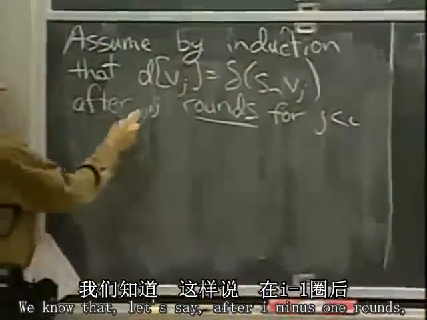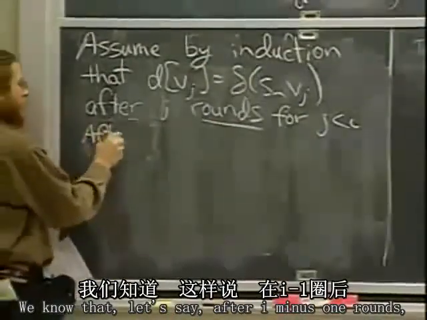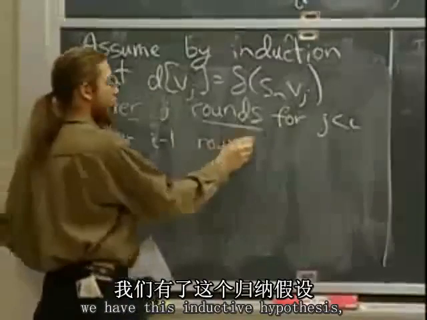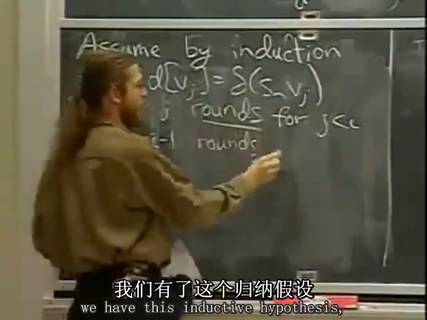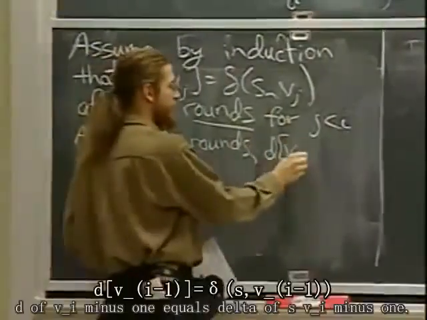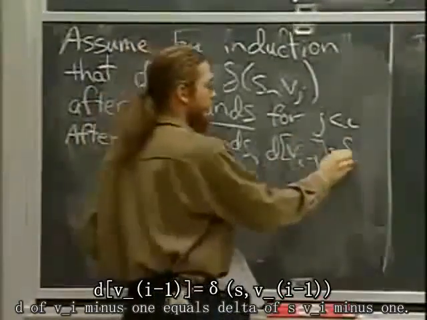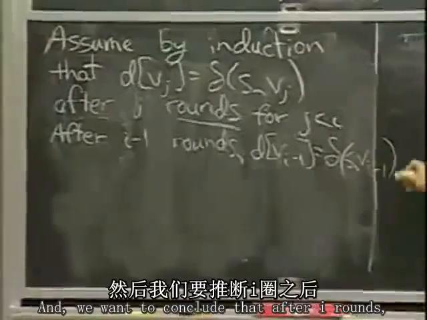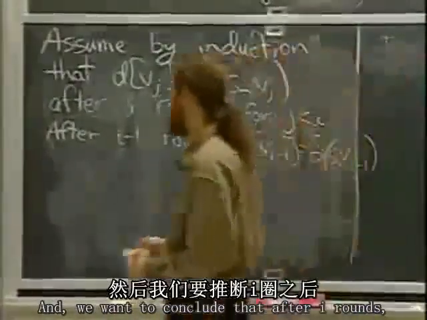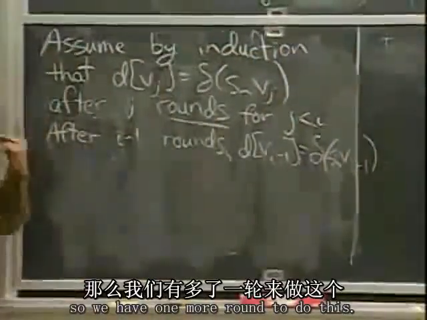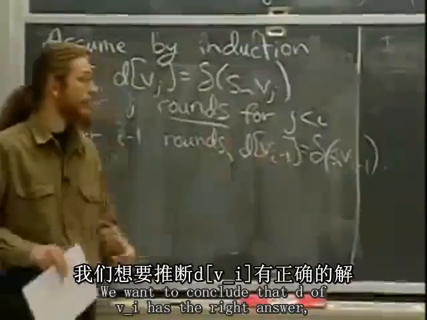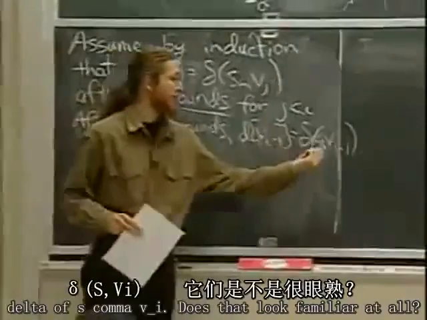We know that, let's say, after i minus 1 rounds, we have this inductive hypothesis, d of v i minus 1 equals delta of s v i minus 1. And we want to conclude that after i rounds, so we have one more round to do this, we want to conclude that d of vi has the right answer, delta of s comma vi.